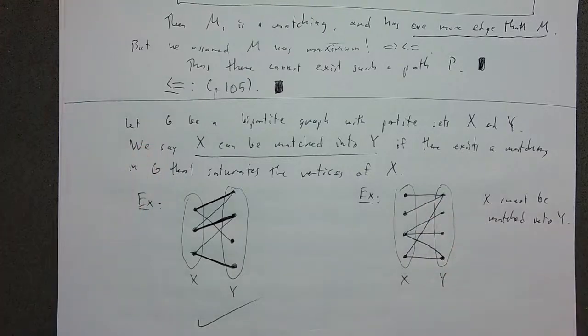And those two edges can't be included, obviously, because they share an endpoint, so those are not independent edges. So there is no possible matching of X into Y.